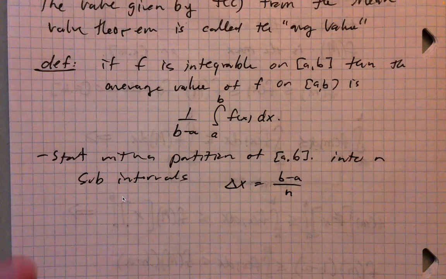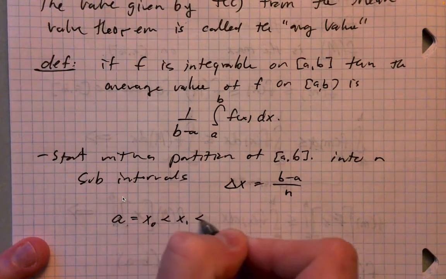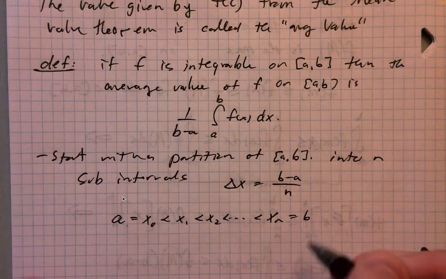So I guess we could write that. a equals x0 less than x1 less than x2 dot dot dot less than xn equals b.